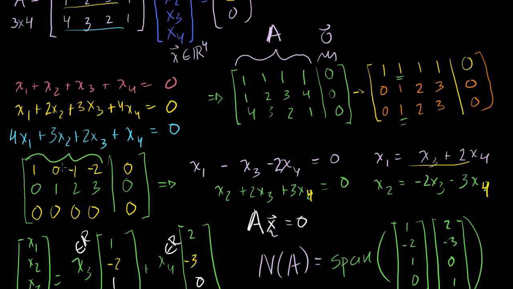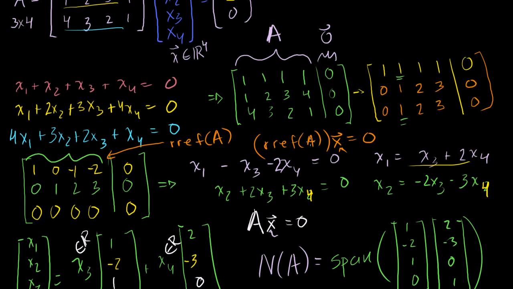That right there is the reduced row echelon form of A. And so this is a linear equation that's just trying to solve this problem: the reduced row echelon form of A times our vector x is equal to 0. All the solutions to this are also the solutions to our original Ax is equal to 0.